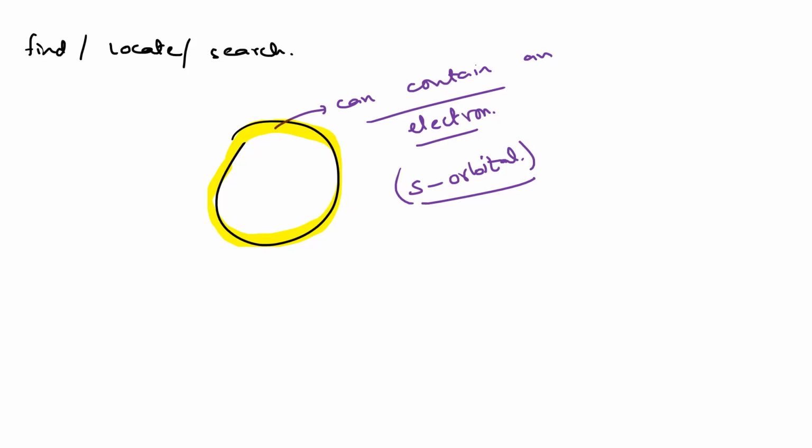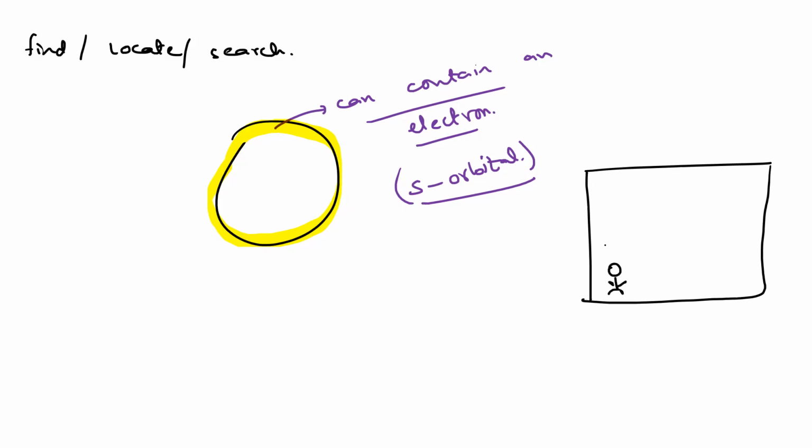For example, I'll give you another example to understand this. So let's say this is a building, or this is a house we live in, right? So that's me. That's my room. Okay?